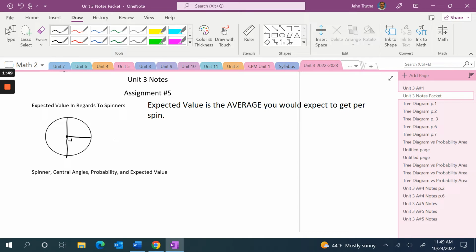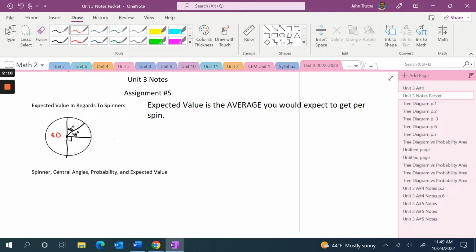So we have a spinner, and it is divided up into 4 sections. Two of the sections are equal, they are 45 degrees of the circle. One of the sections is 90 degrees of the circle, and one of the sections is obviously half of the circle. If your spinner lands in the half of the circle, you get $0.